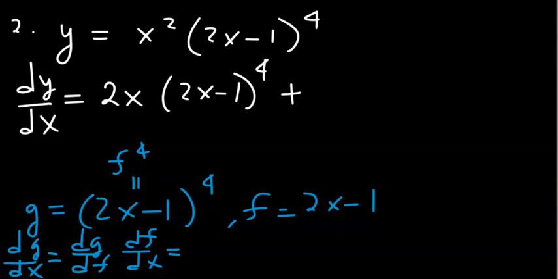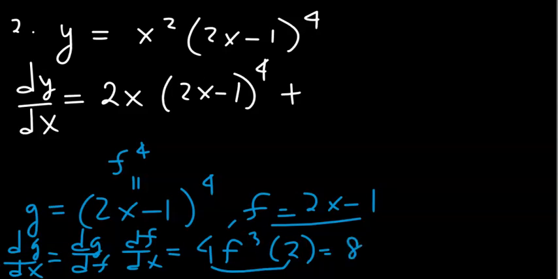So dg/df is quite simply 4f cubed, and df/dx is quite simply 2. So substituting back the expression for f, you get 4 times 2 is 8, and f is 2x minus 1 now raised to the power 3.